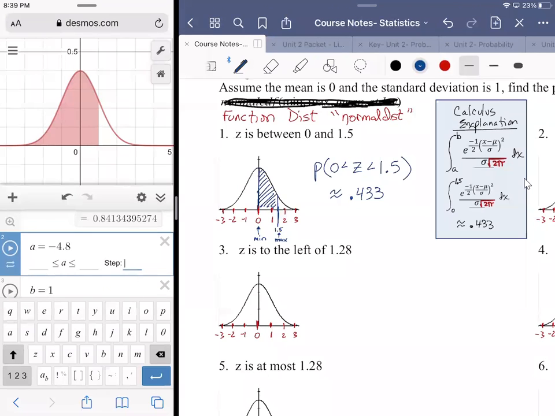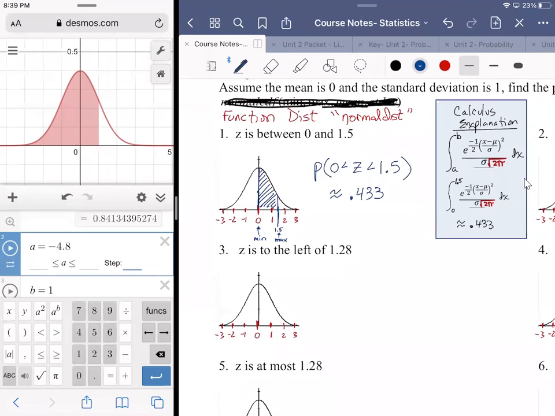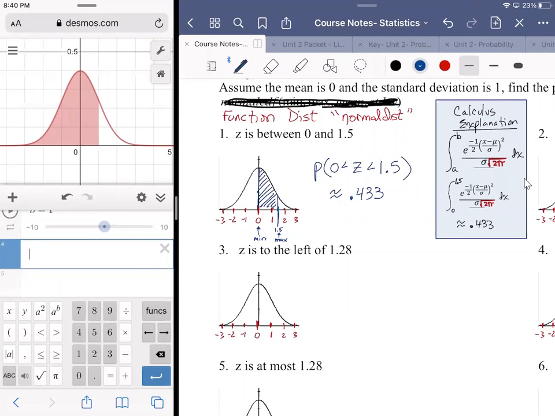If you change your step to go by hundredths or thousandths, then it'll give you a more accurate way of moving your slider. So what I typically do is I go to the nearest hundredth, and I do that for both of them. So I change my step to be 0.01.